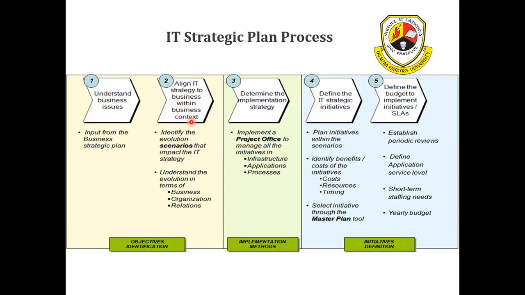Where are the current gaps? Where can ICT make an impact to come in to get from point A to point B? So here you begin to draw scenarios where ICT can make an impact for that business to get from point A to point B.